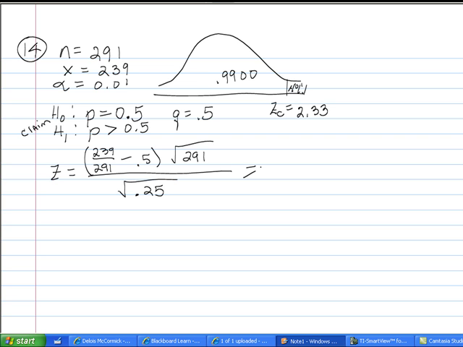So I'm getting 10.96. So that's way out here, definitely in the critical region, so we're going to reject the null hypothesis.